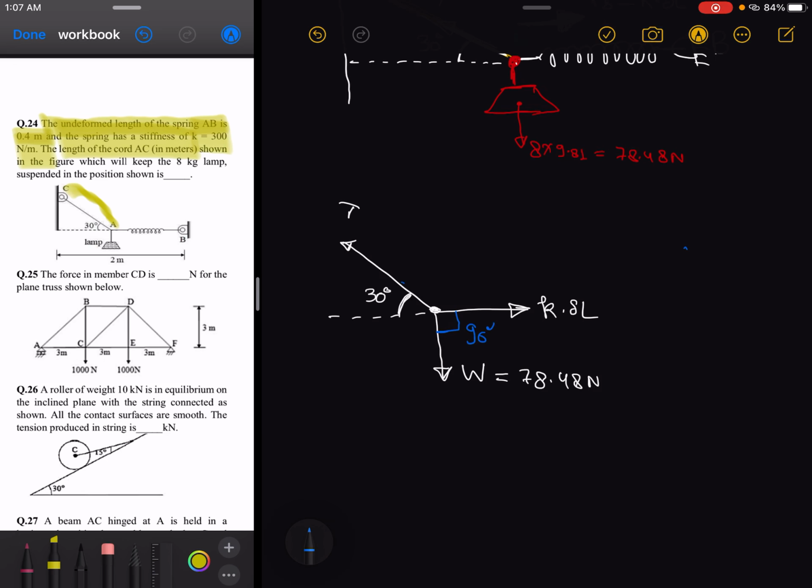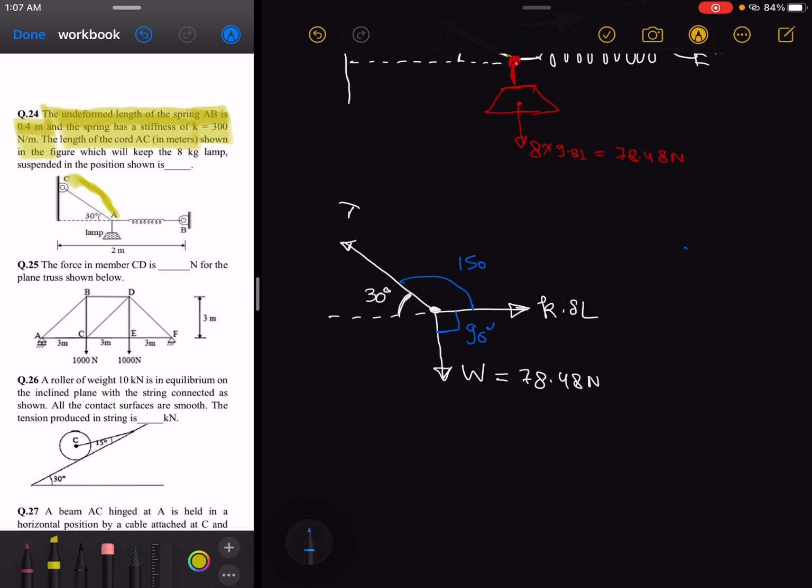If this angle is 30°, this angle will become 150 degrees, because for a complete straight line the angle should be 180 degrees. And since this is 90 and this is 30, this angle comes out to be 90°, because this is also 180°.